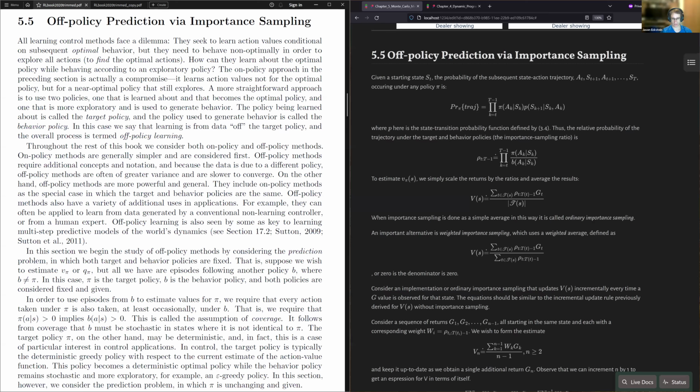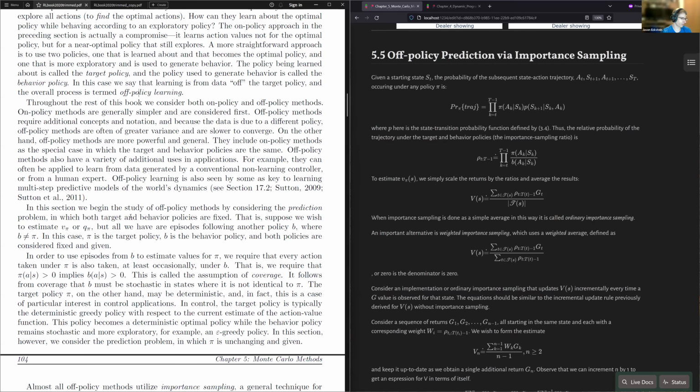The challenge is, how do we use the samples from the behavior policy to actually calculate the proper estimates? The solution here is importance sampling. The reason it's called off-policy learning is because the actual behavior we're able to look at is not the policy that we care about.